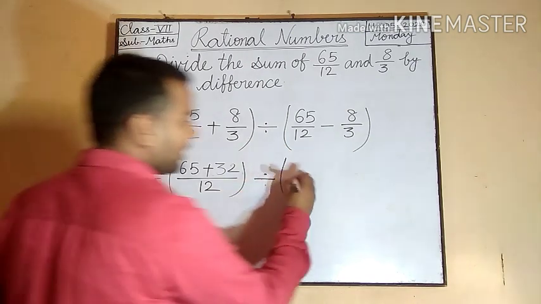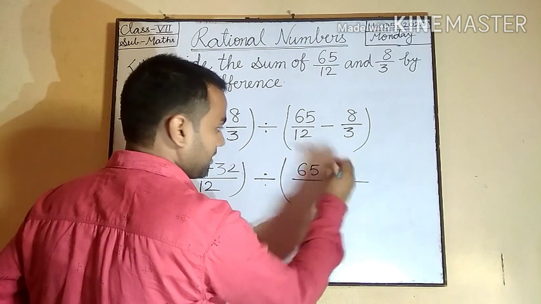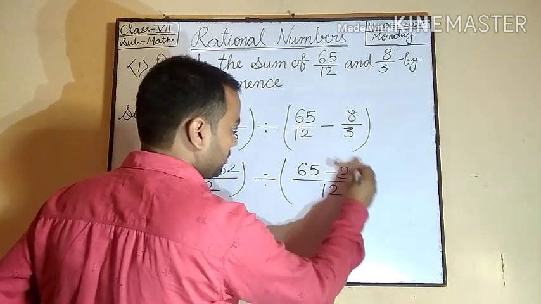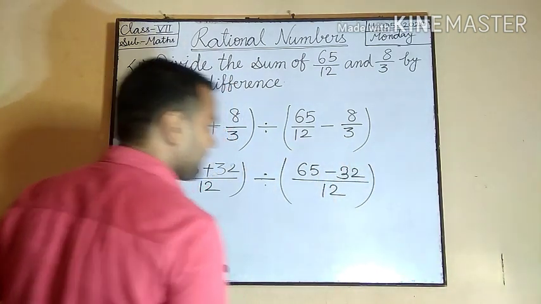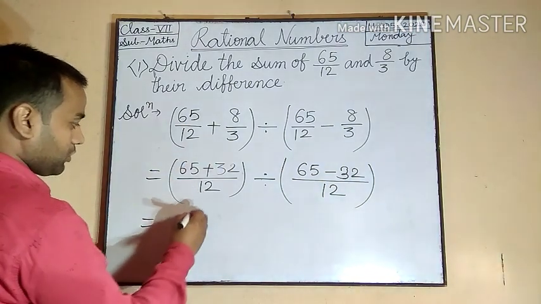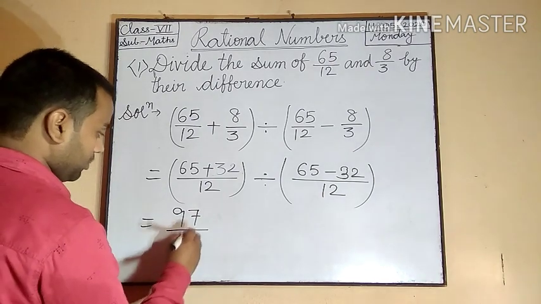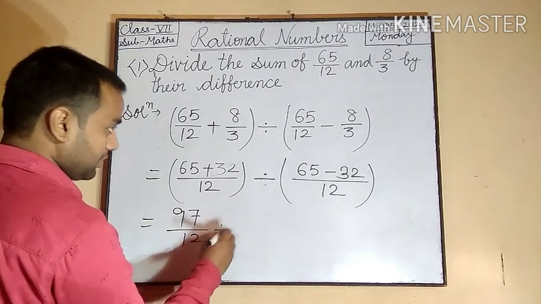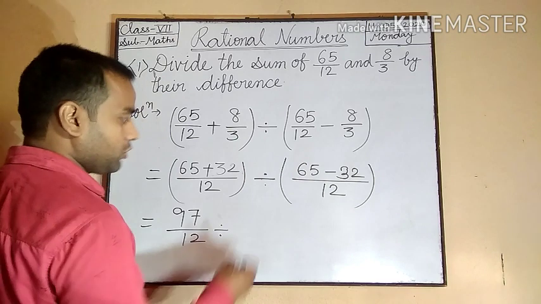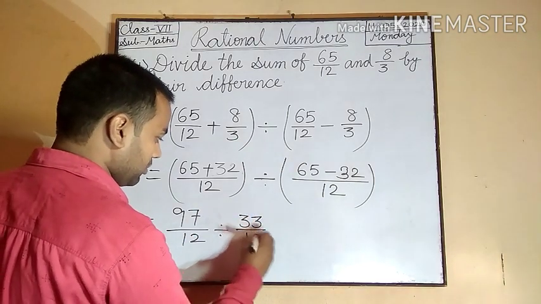Take the LCM of 12 and 3, 12, 65 minus 32. 65 plus 32 is 97 upon 12, divided by 65 minus 32, which is 33 upon 12.